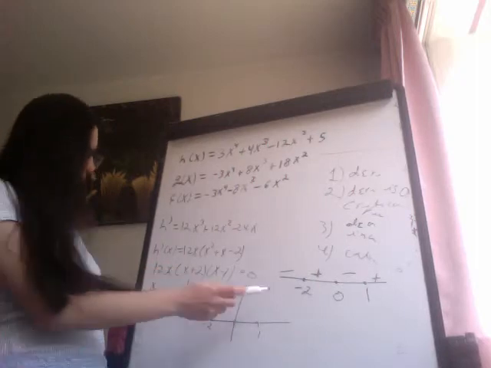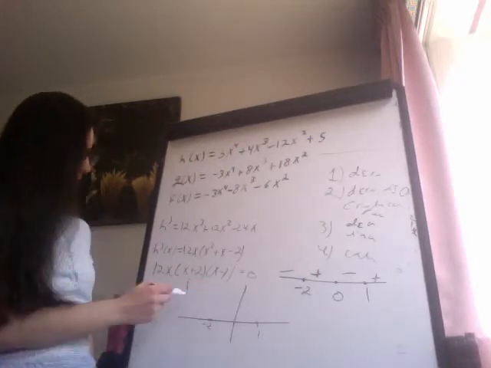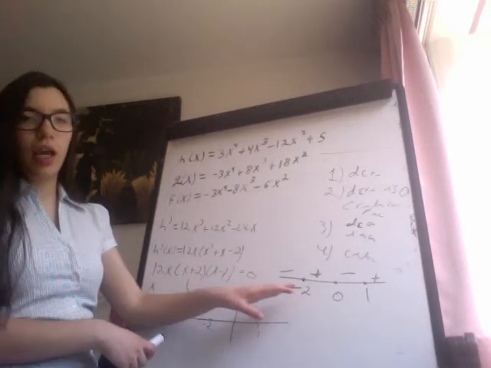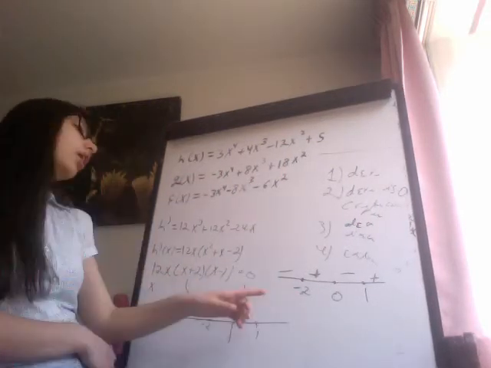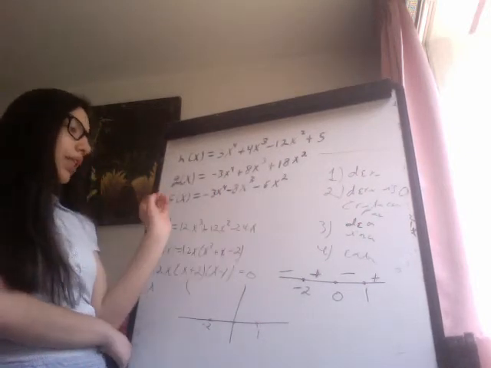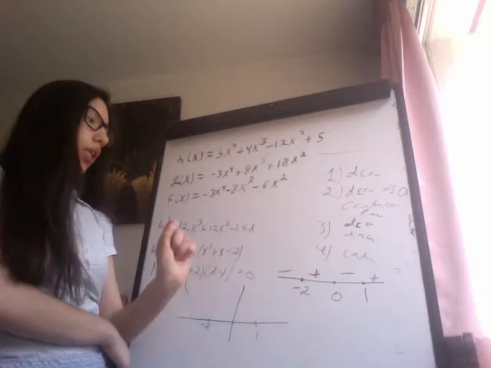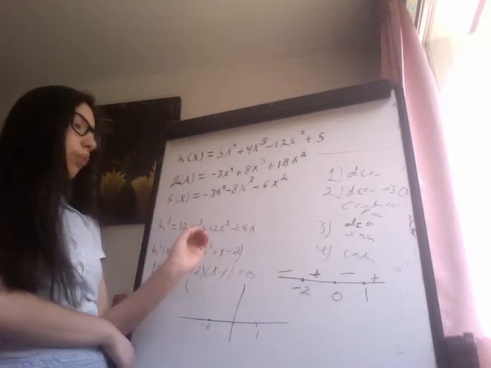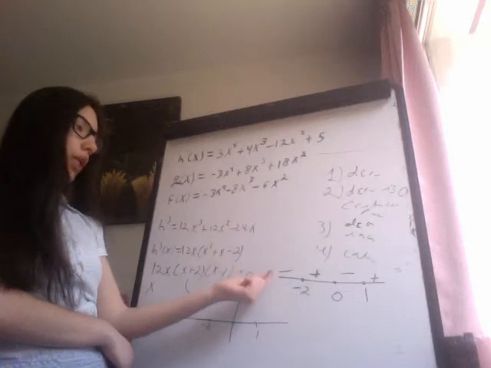Then at x equals minus 2, actually if you see the extreme points, we have critical points that are minus 2, 0, and 1. Now in order to be a minimum, we need that the function switches from negative to positive slope.